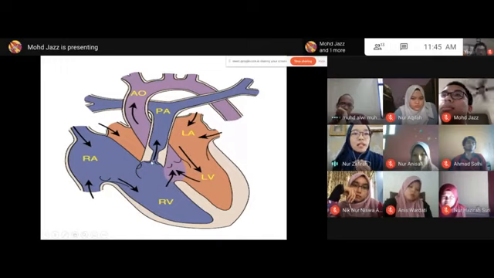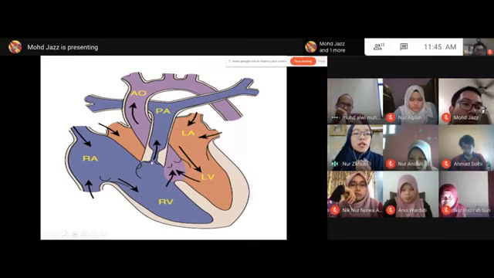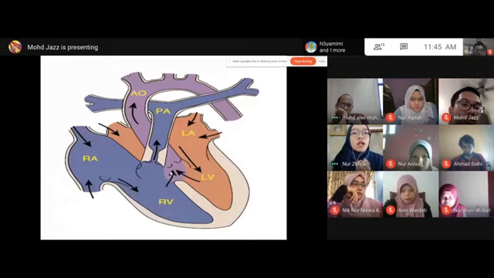And then the blood from the lungs goes into the pulmonary veins and into the left atrium, left ventricle, and then into the aorta. What goes into the aorta is a mixture of deoxygenated blood and oxygenated blood from the veins.